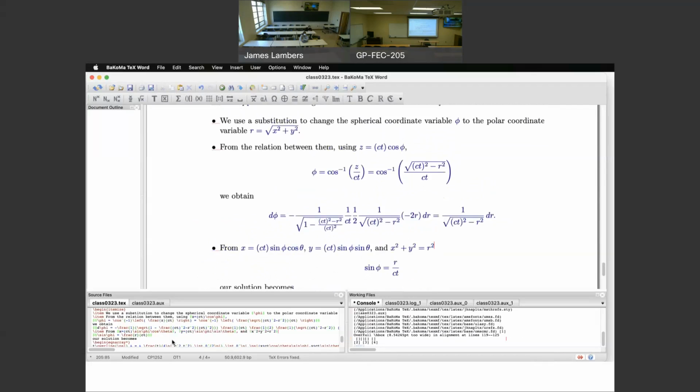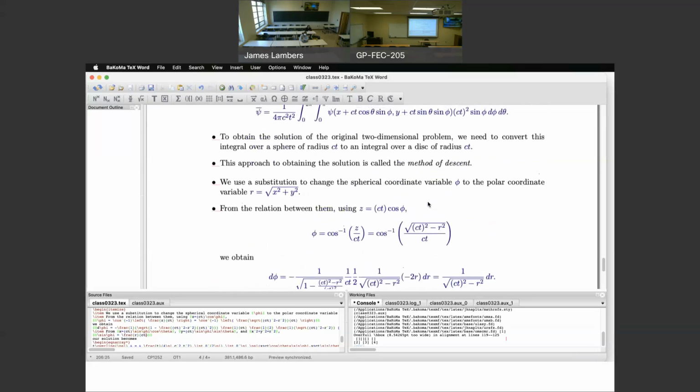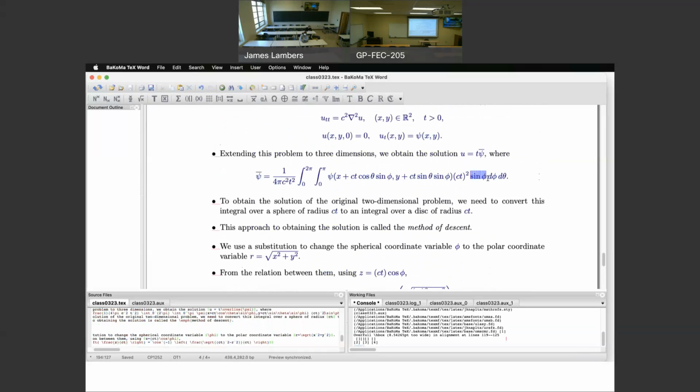So I put these three formulas together. In fact, if I take x squared plus y squared, from cosine squared plus sine squared equals 1, I get r squared is ct squared sine squared phi. So I have this relationship that lets me express sine phi in terms of polar coordinates. So I've dealt with the d phi from the u substitution. Now I have a way to deal with this too.